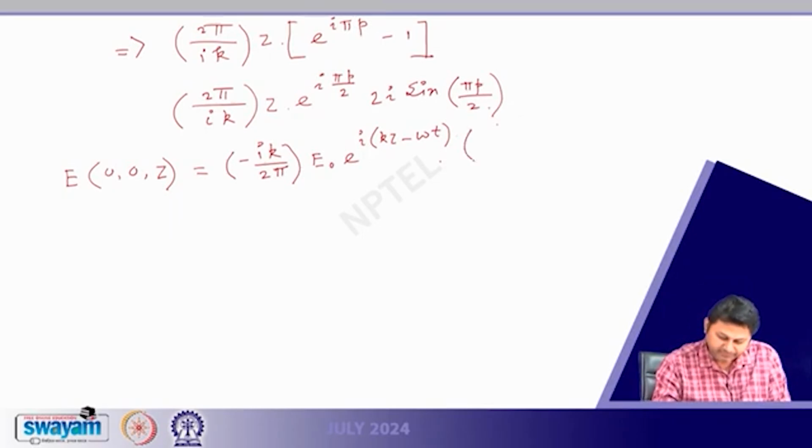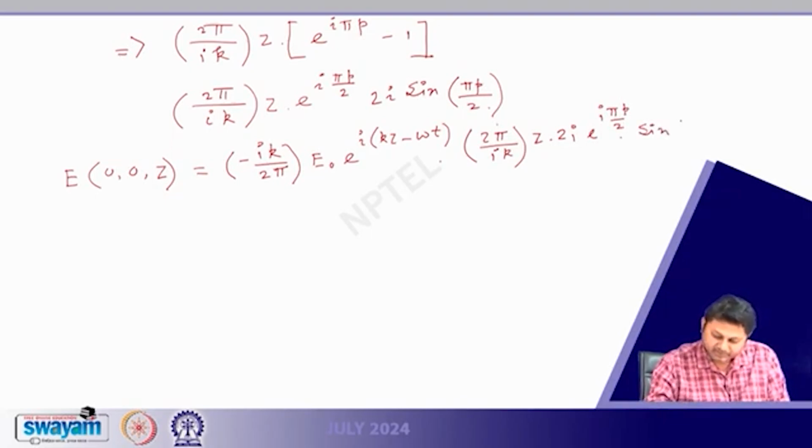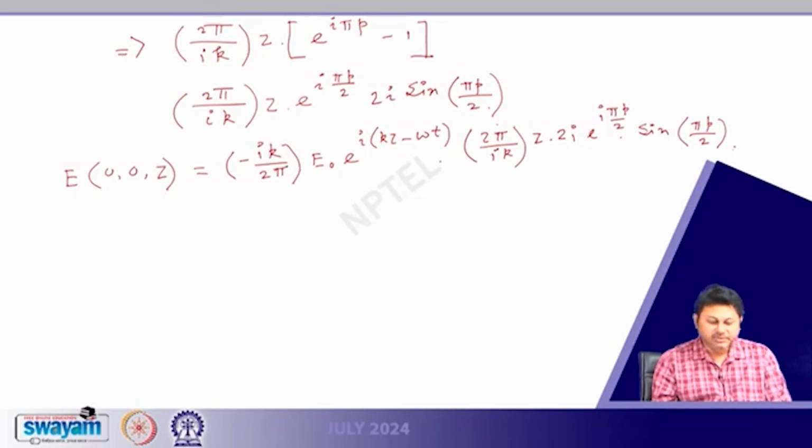So we have 2 pi divided by i k, and then we have a z here, and then we have 2i here, and e to the power of i pi p divided by 2 is also there, and we have the term sine pi p by 2. This is the term we have.